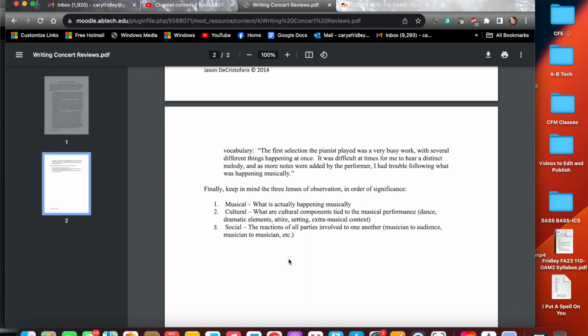Or the social lens, the reactions of all parties involved to one another, musician to audience, musician to musician, etc. So that is a helpful way to frame a concert experience and how to communicate that to the reader.